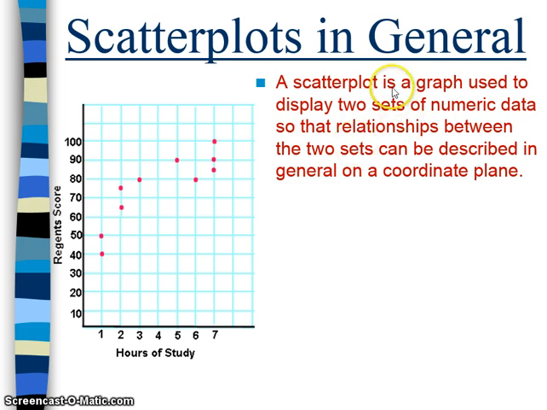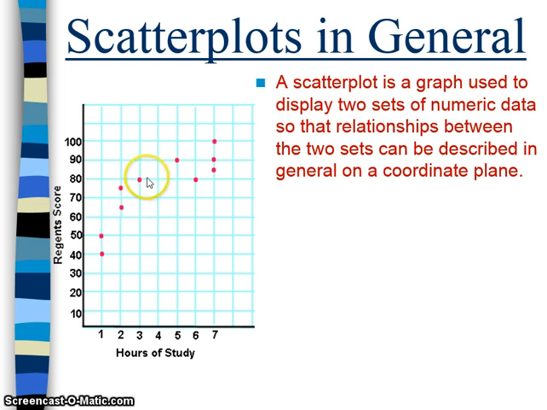A scatter plot is defined as a graph used to display two sets of numeric data, in other words bivariate data, so that relationships between the two sets can be described in general on the coordinate plane. Noteworthy is the fact that these are distinct points on the graph.